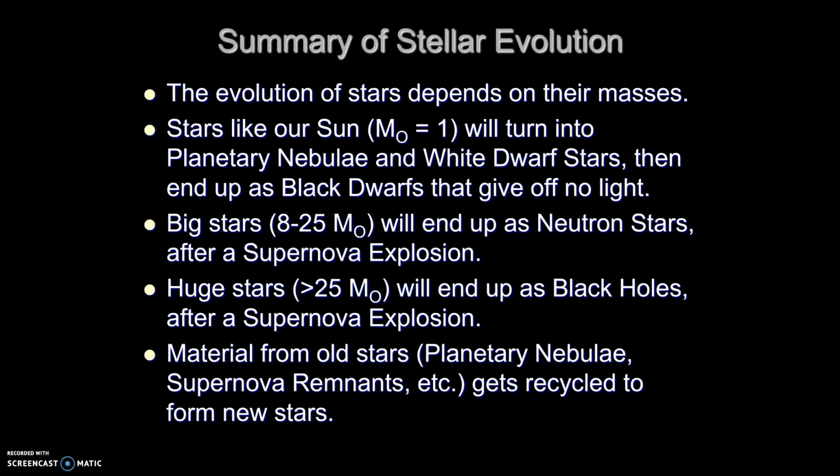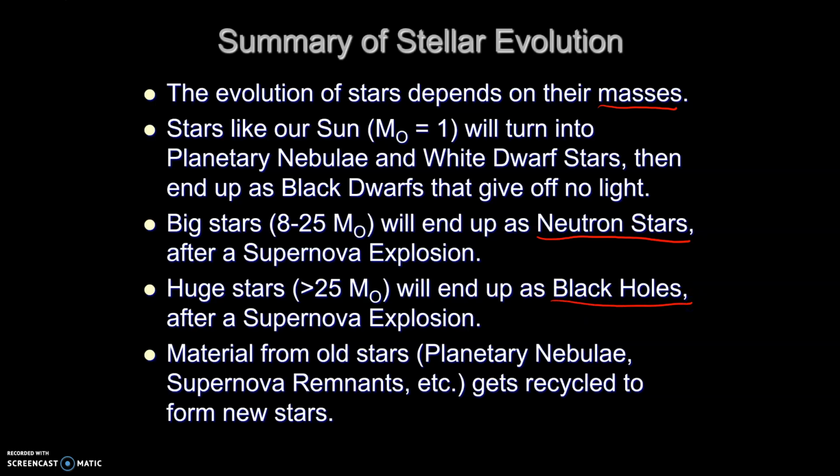Looking at a summary here, the evolution of stars, again, depends on their masses. Stars like our sun will turn into a planetary nebula, then a white dwarf, and then a black dwarf that gives off no light. Our big stars that are between 8 and 25 solar masses are going to end up as neutron stars. Our huge stars that are over 25 solar masses are going to end up as black holes after the supernova explosion.